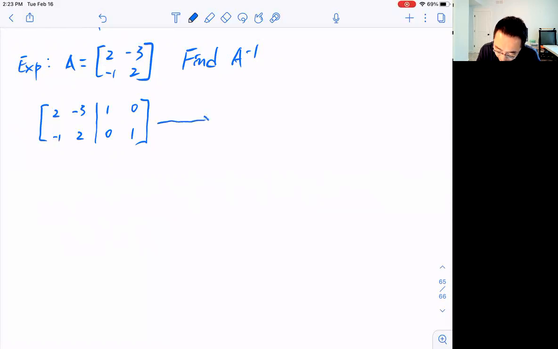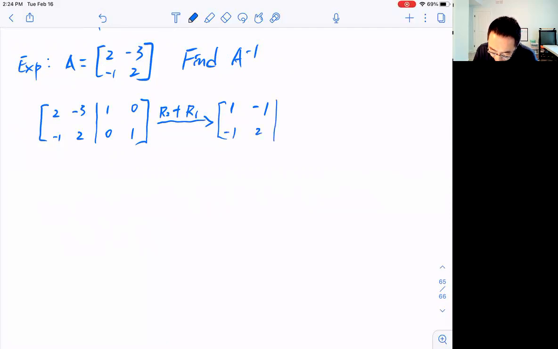So I do R2 added to R1. Whichever row is listed second, that means that's the row you're making changes to. So R2 added to R1 will give you 1. Then this is -1, because -3 plus 2 is -1. And you didn't do anything to the second row, so it stays the same.